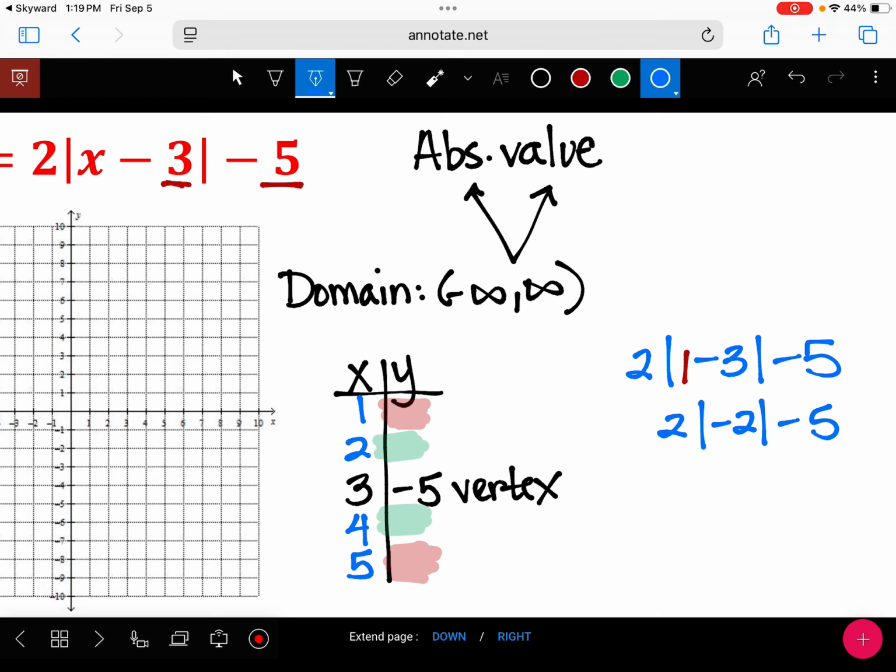Because absolute value is just saying how many hops to 0. So if I'm at negative 2, it's still 2 hops to 0. Even though I'm coming from the other side, it's still just 2 hops to get to 0. So my absolute value is 2. So this is going to become a positive 2. Now I can drop the absolute value and have parentheses. 2 times 2 is 4, and 4 minus 5 is negative 1. I'm going to put that here. And I'm also going to put that for 5 because I'm going to get the same answer if I did it with a positive 5.